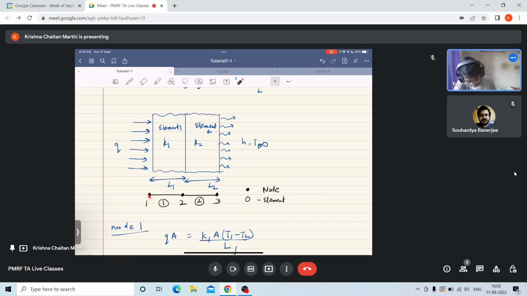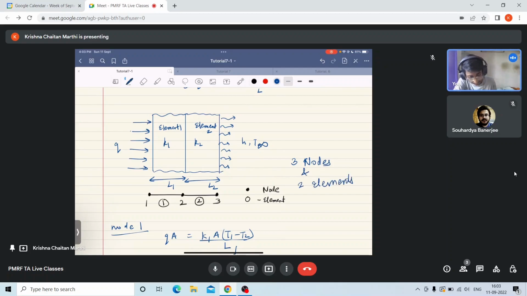This left point is my first node, the interface is the second node, and the right hand side boundary is my third node. So I have three nodes and two elements.